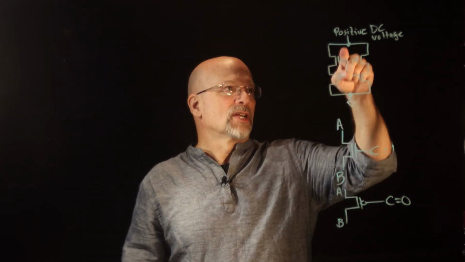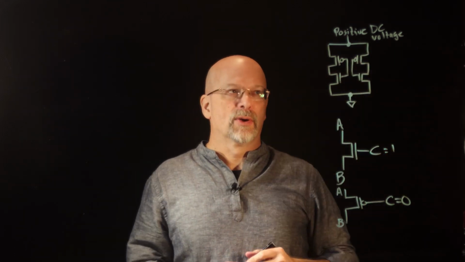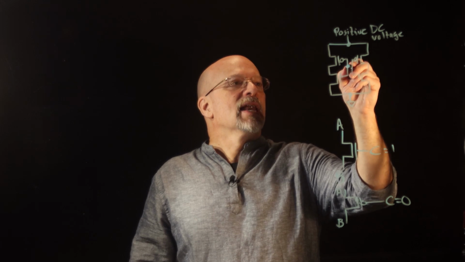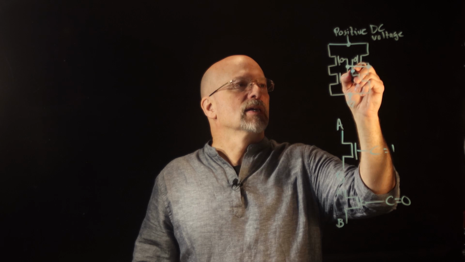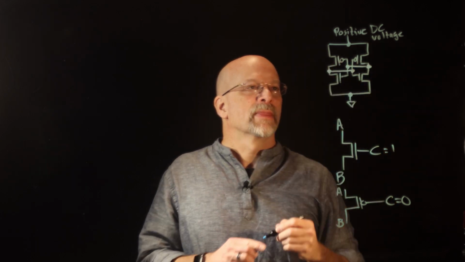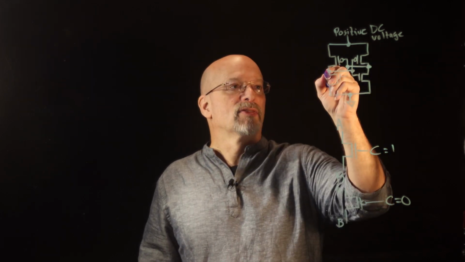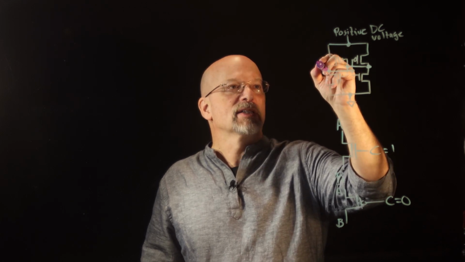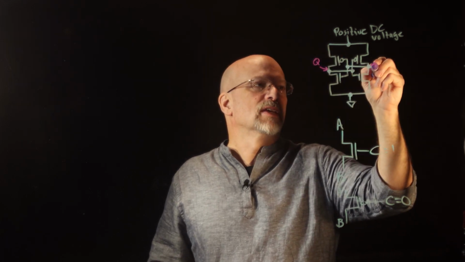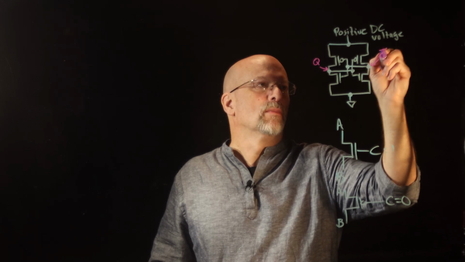So what I've got is a logic 1 here, a logic 0 here. And connected to these, I'm going to create these connections like this. The way this works is that this rail right here is Q. And this guy right here is Q bar.